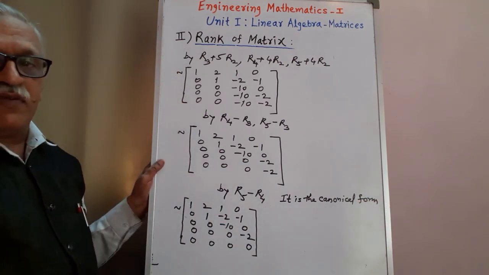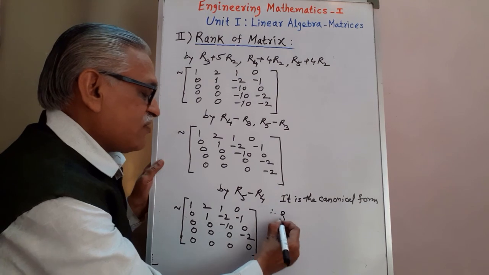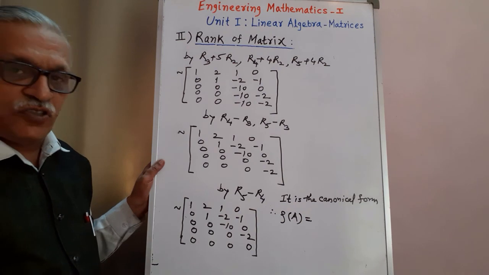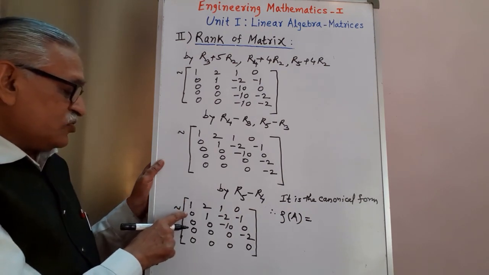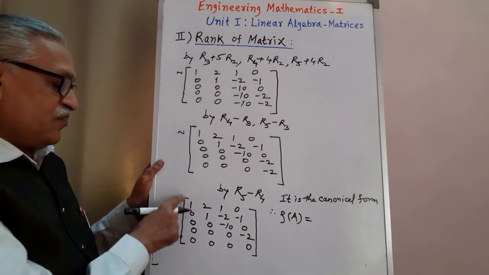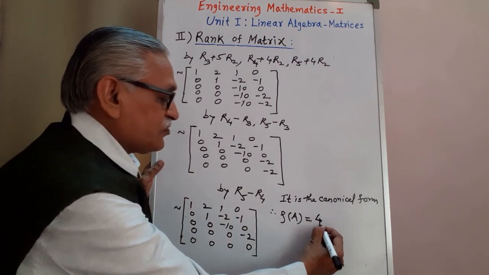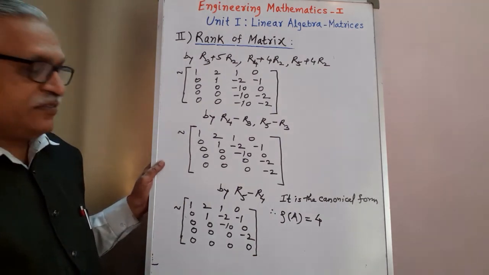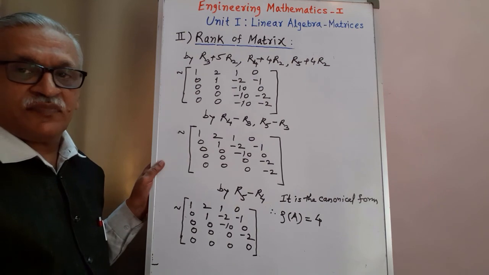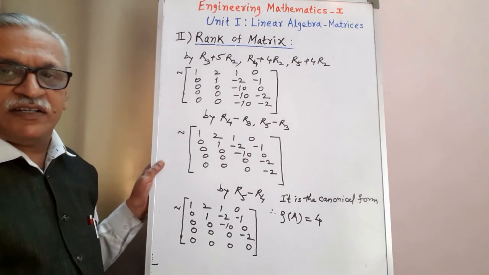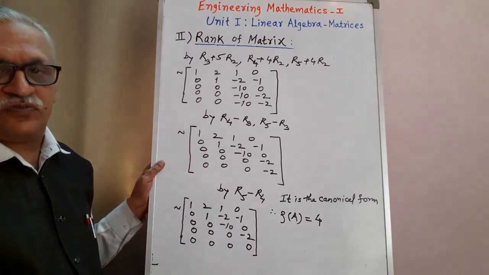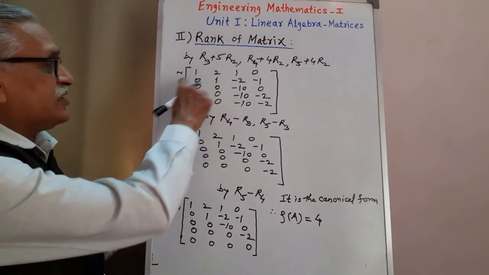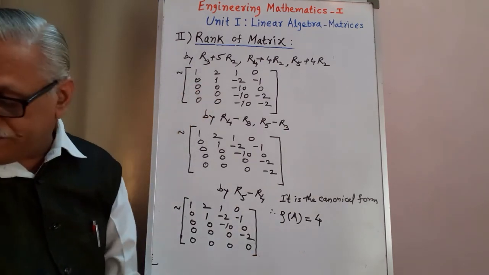It is the canonical form of that matrix, and therefore the rank of that matrix A is the number of non-zero rows. 1, 2, 3 and 4. 4 rows are non-zero rows. The last row is a 0 row, and therefore the rank of that matrix is 4. Means what? We get at least one minor of order 4 as non-zero, as per definition. Therefore, the rank for this given matrix is 4 here.